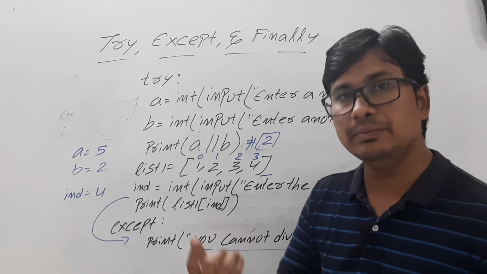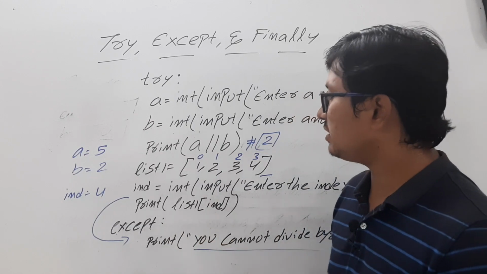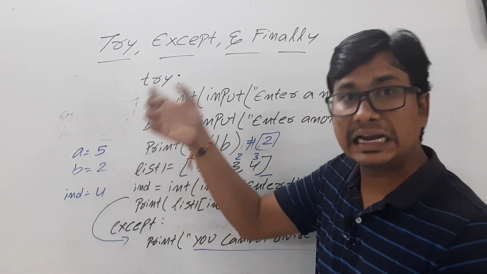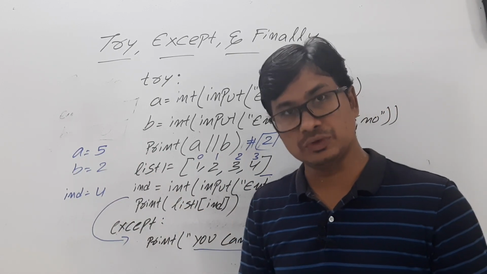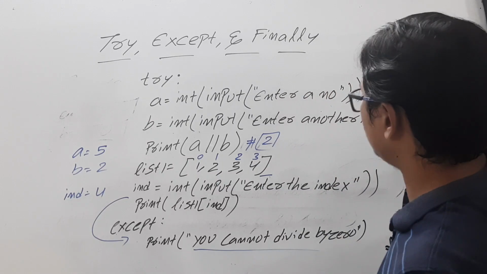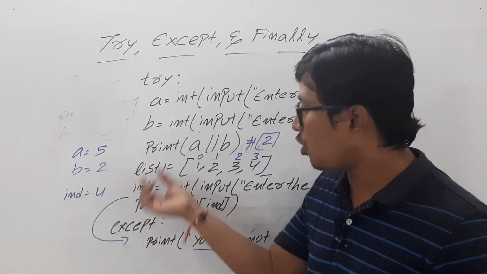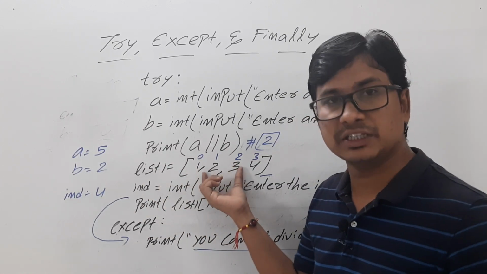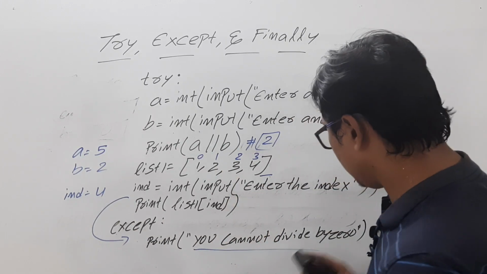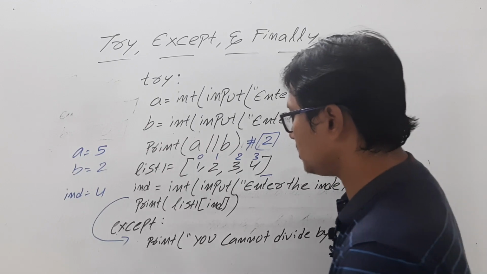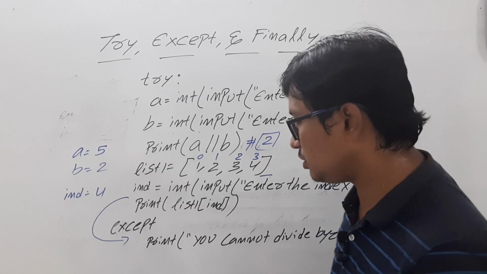Now can anyone tell me what modification I should do so that whatever runtime error is generated, only that runtime error is displayed to the user. Is it clear? In this case, you need to have multiple except blocks. According to what kind of exception came, you have to display a customized message. Look here, the modification I will do is that this exception is related to the zero division error.